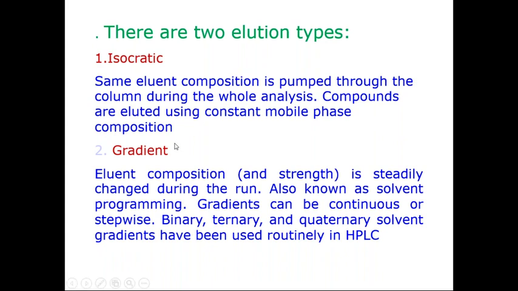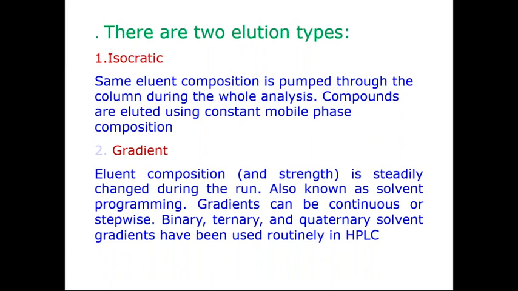In the gradient elution, you load the sample at a particular composition of the solvent, and as the run is taking place, you change the strength of the solvent. So gradients are used generally when you want to separate molecules of very similar structure, which have minor differences in their structure.